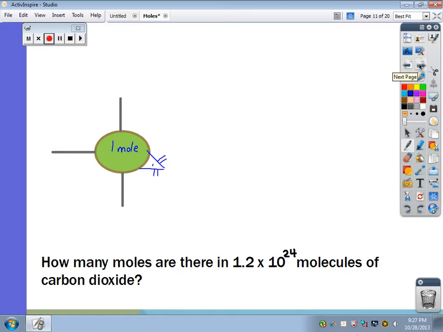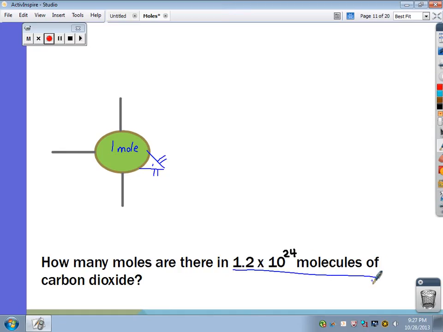Okay, let's look at this one. Here I have 1.2 times 10 to the 24th molecules. I'm down here. Where do I want to go? I want to go up to moles. This is a one step again, isn't it? How many moles?